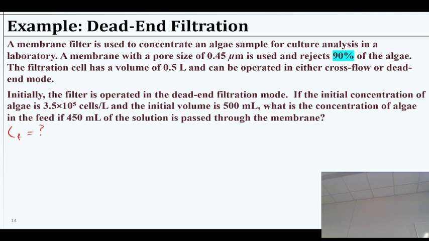Okay, so did you draw it? Not yet. I have: draw a filtration cell that can contain 0.5 liters. Okay, all right, so draw that. It's because we're doing dead end mode.